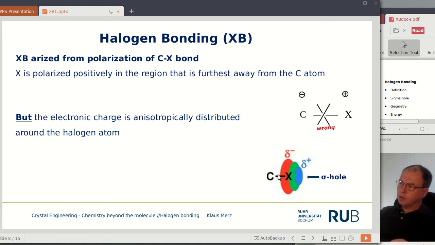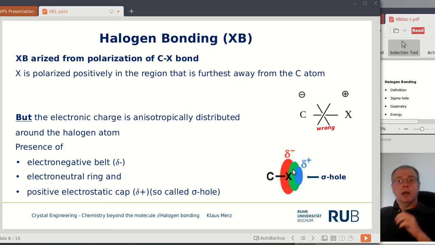We have three regions around the halogen atom: a negative belt, a neutral ring, and in the region that is farthest away from the carbon atom, here at the back, there is a positive region. This is called the sigma hole, a positive electrostatic cap.